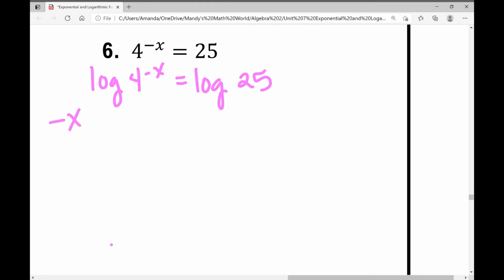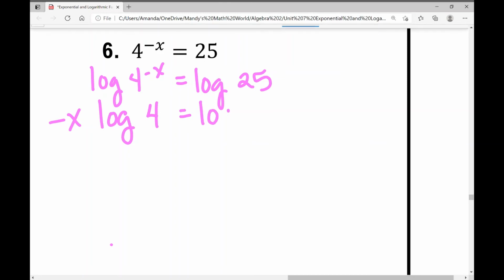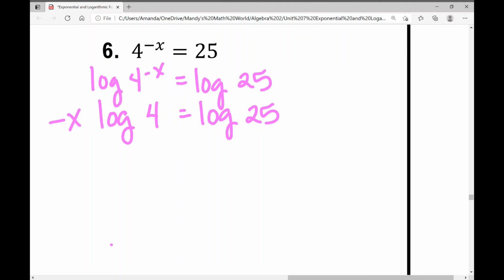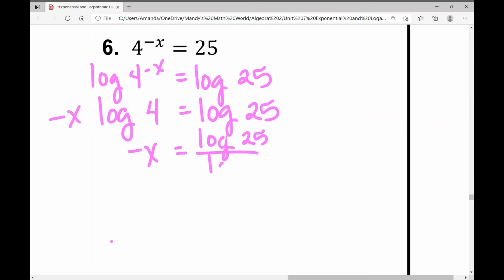That's going to be negative x times the log of 4 equals the log of 25. I'm getting x all by itself, so what do I do at this point? Divide both sides by the log of 4, so I get negative x equals the log of 25 divided by the log of 4.